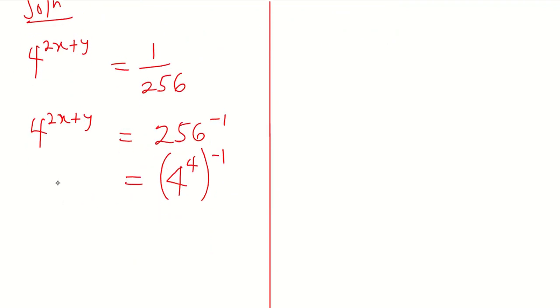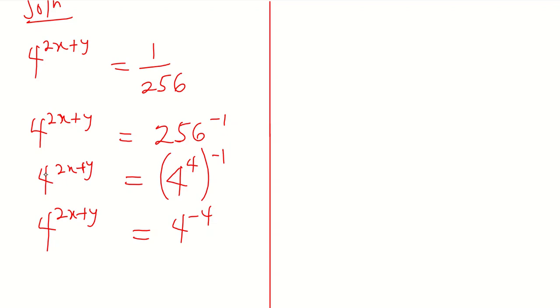And then on the left hand side of the equation, we have 4 exponent 2x plus y. Now if that happens, we can multiply the exponents on the right hand side, and we have 4 exponent minus 4. And then we have this side as 4 exponent 2x plus y.